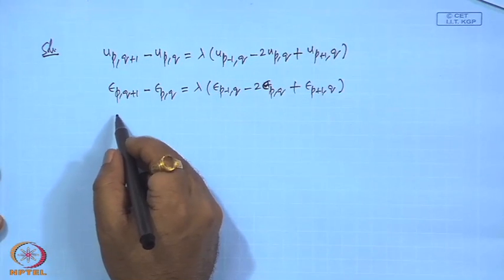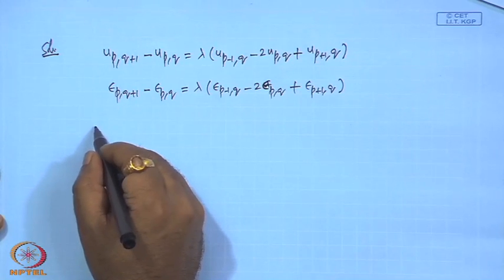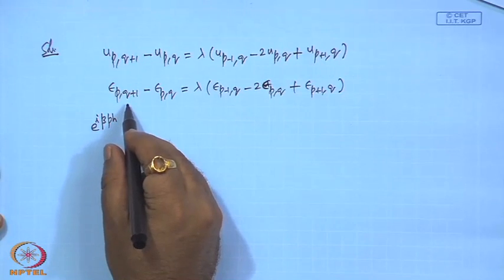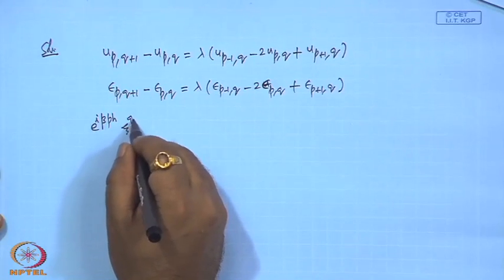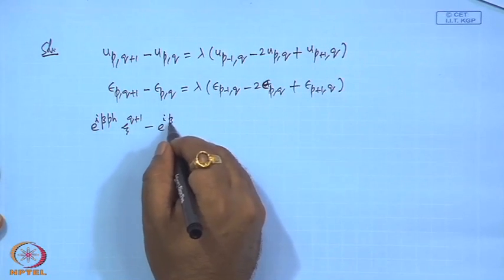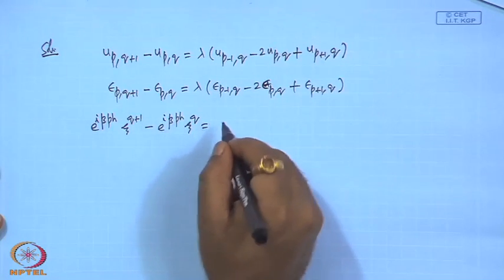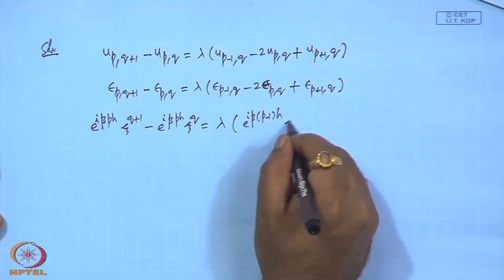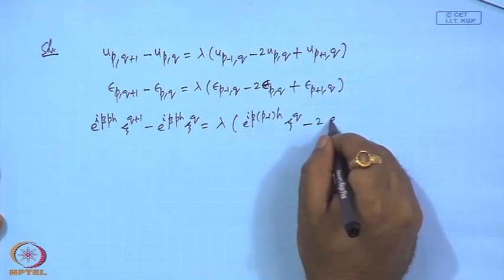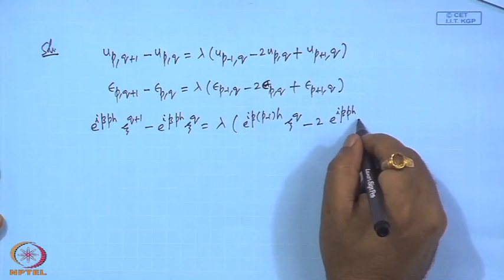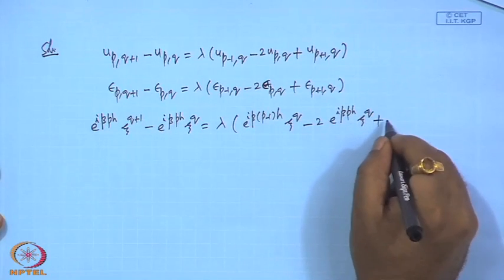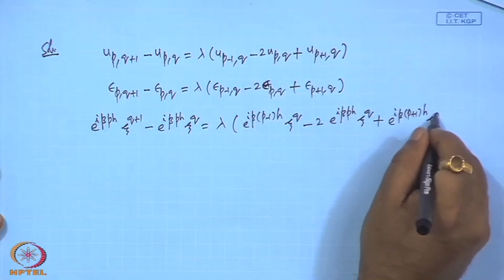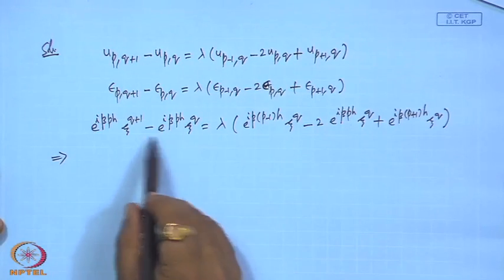Now, considering the expansion of the error, this will be, so I am dropping the constant p h, and this will be, so this is the error equation.